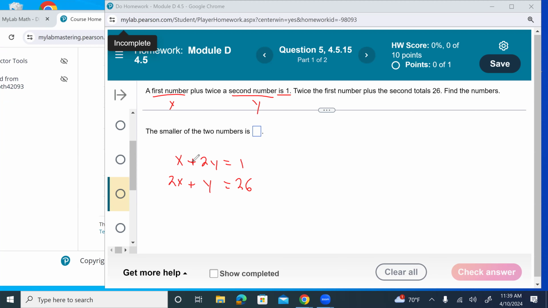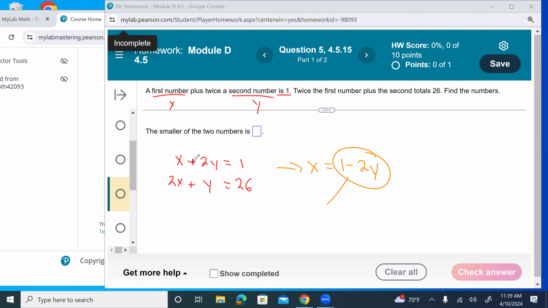I could graph these. They're in X and Y, doing exactly what you were doing earlier. I could solve the first one for X, by just moving the 2Y over. That would be X equals 1 minus 2Y.